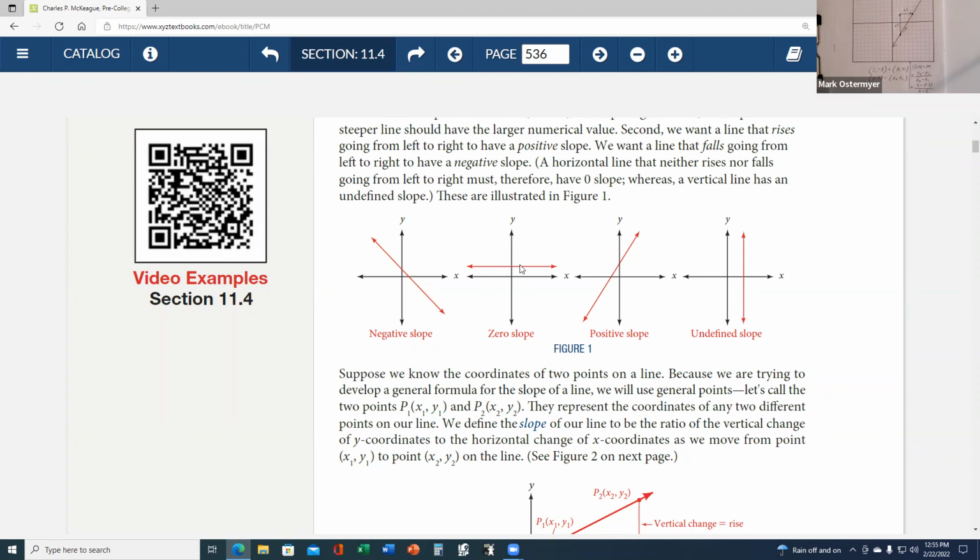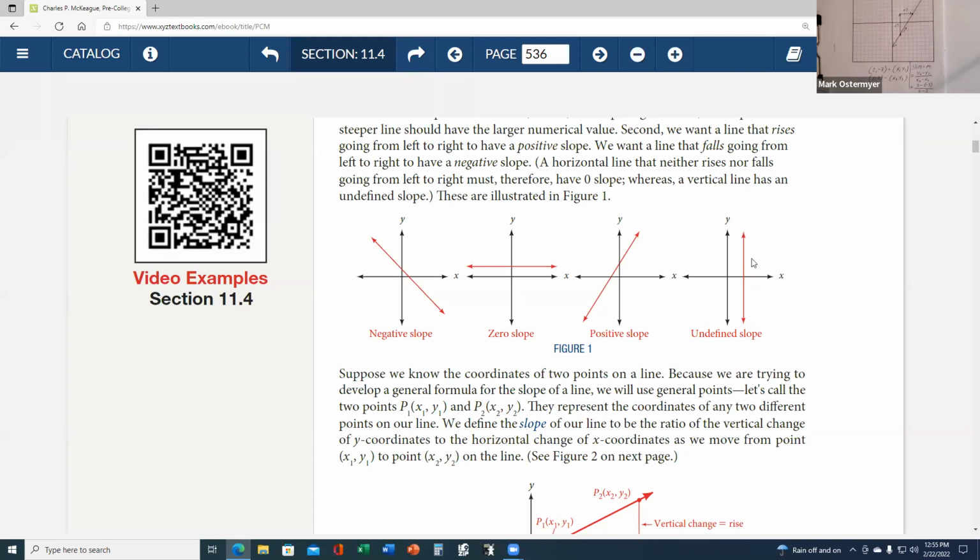The horizontal line is a line that always has 0 slope or no slope. This one here is called a rising line. As we move from left to right in the XY plane, we rise on the line, and rising lines always have positive slopes. Finally, vertical lines always have undefined slopes.